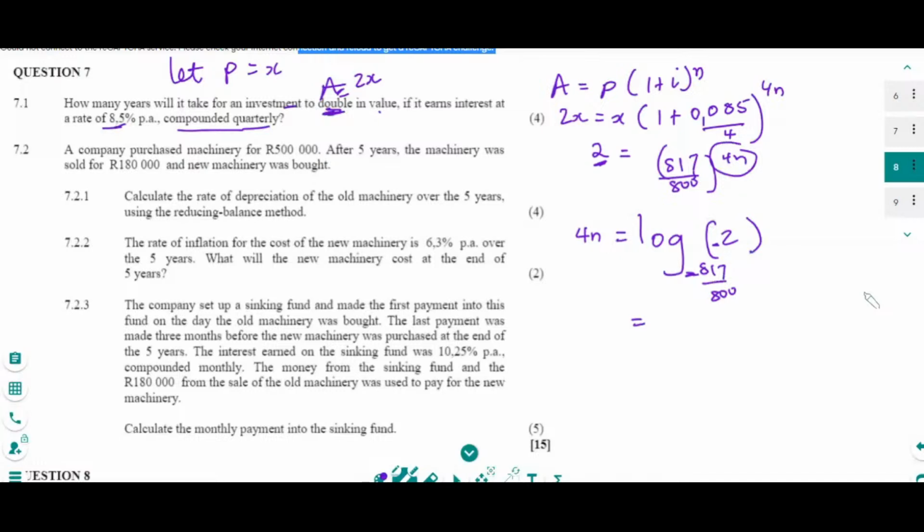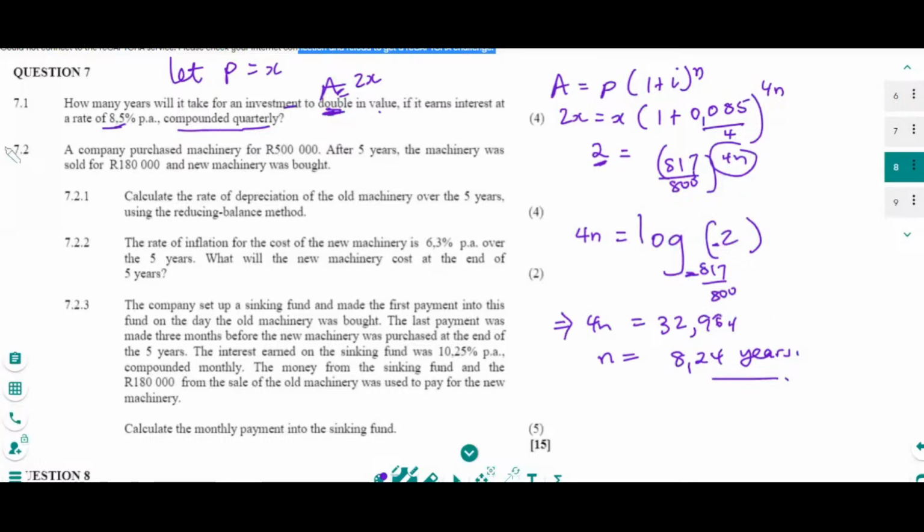What are you guys having? I'm having 32,964. So 4n is equal to 32,964. Then I'll divide both sides by 4, which means my n is going to be 8,24 years. So this is how long it's going to take for that amount to double.